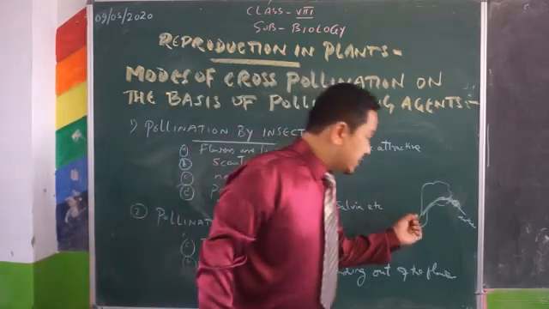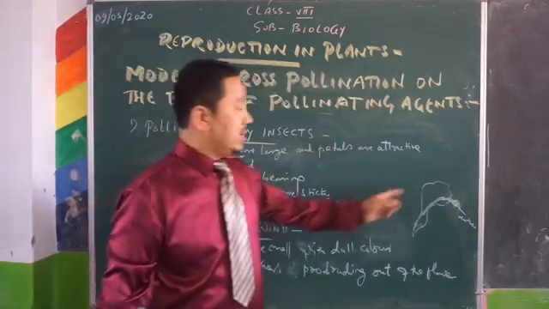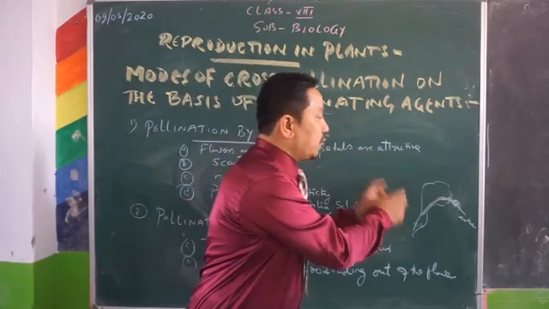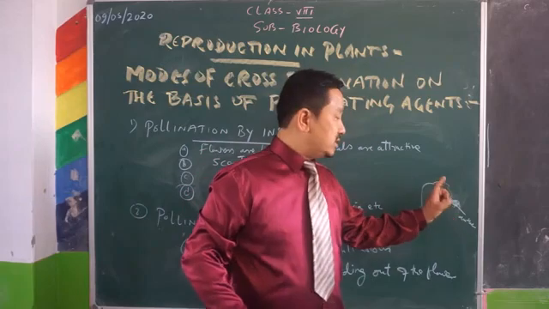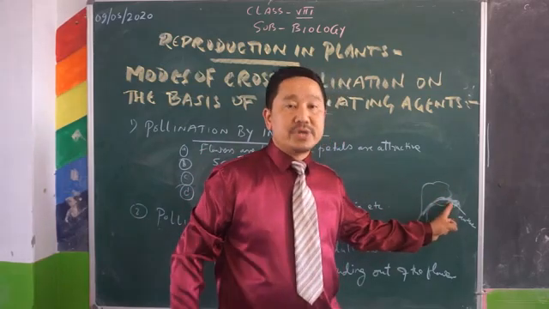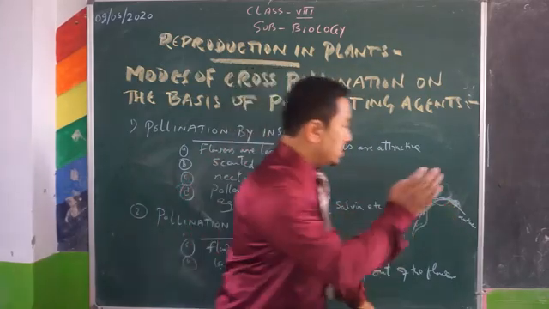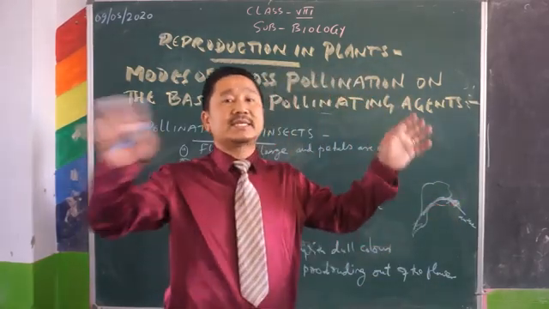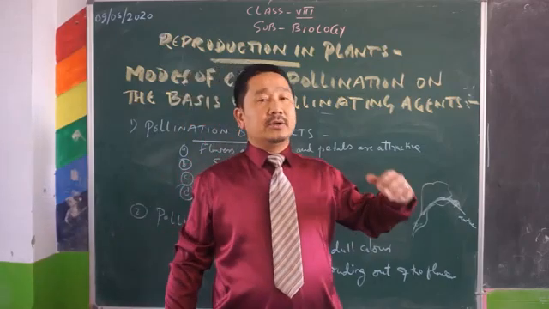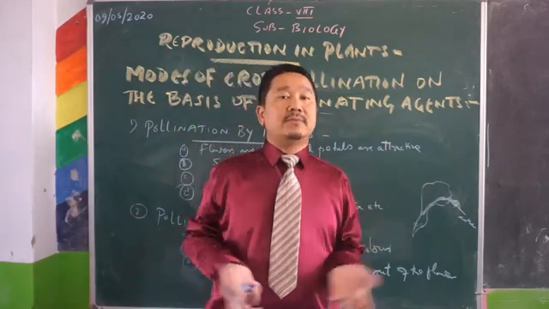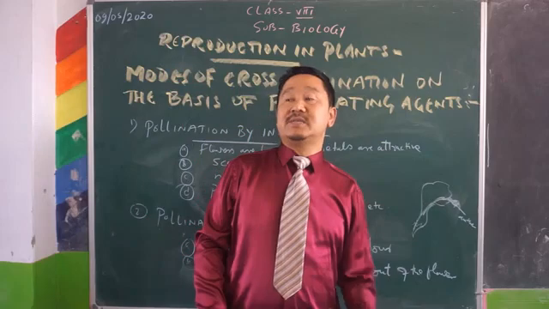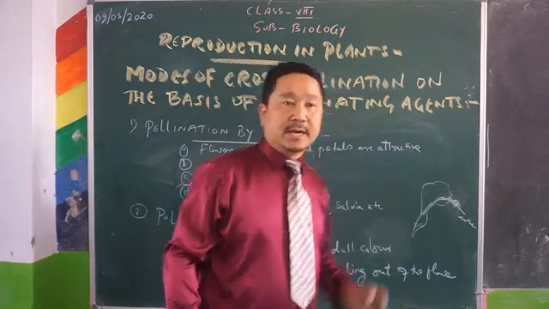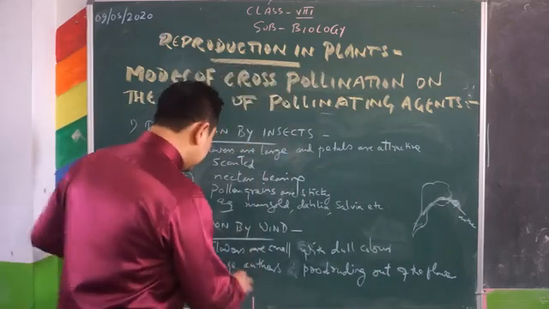But here, since this flower is pollinated by the wind, nature has provided the facility of large anthers protruding out, so that when wind hits it, the pollen grains can be scattered, so that some of them can go to the right place. Right place means to the stigma of the plant of the same type.